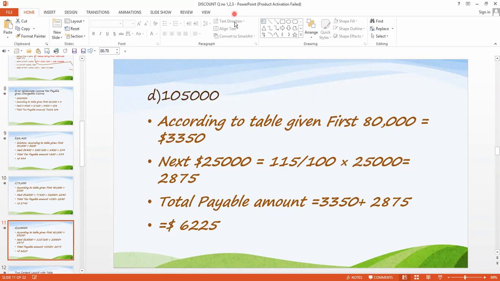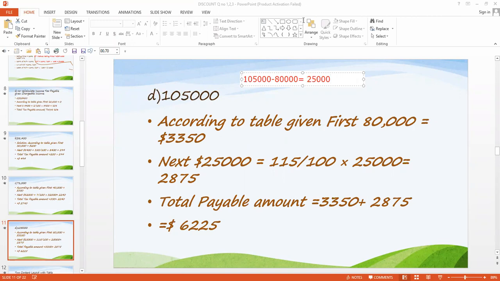Again we have to subtract. Look here, we have to subtract from 105,000 this 80,000, for which you have to pay the fixed tax. And it equals 25,000.